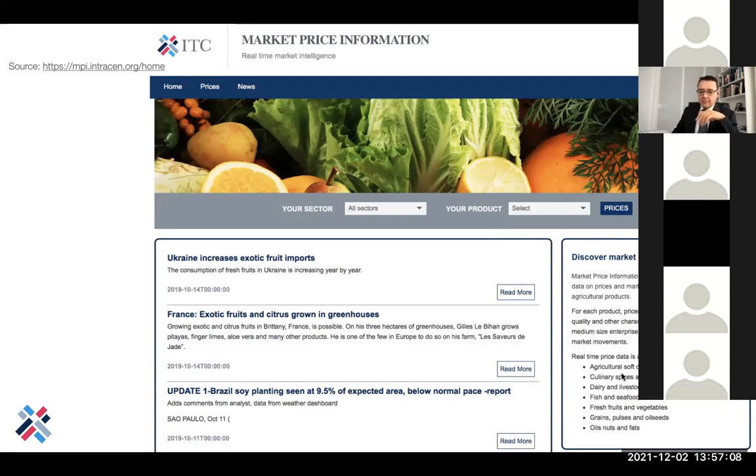As you can see, the real-time price data is available for agricultural, culinary spices, dairy and livestock, fish, fresh fruits, grains, and oil, nuts, and fats. So the things that are more commonplace or easier to get information for.